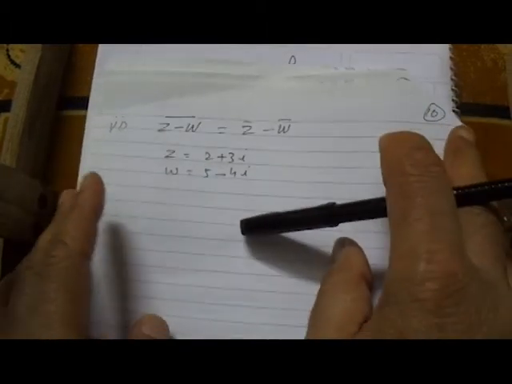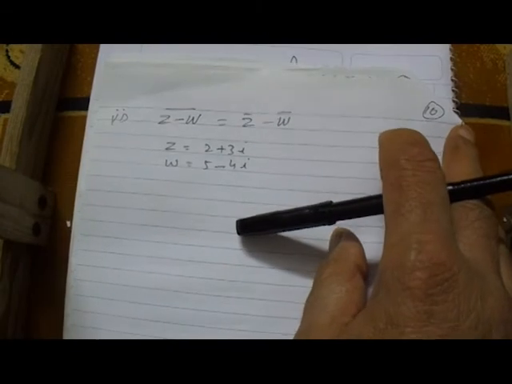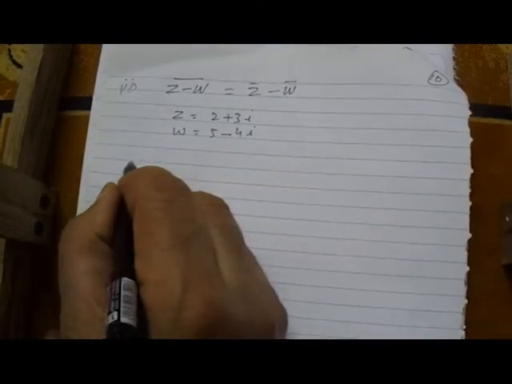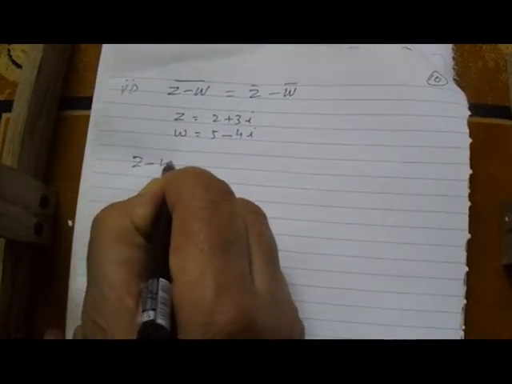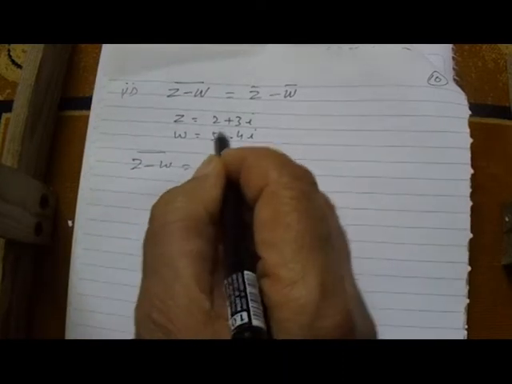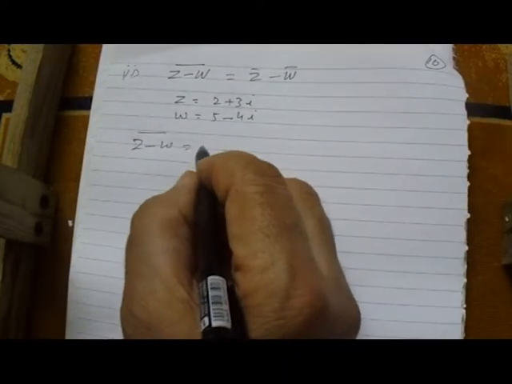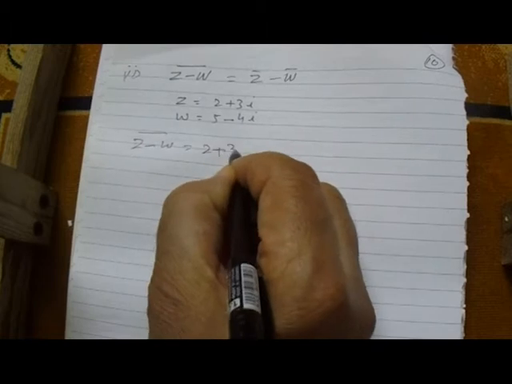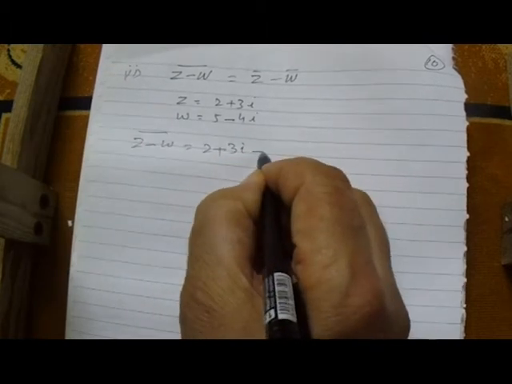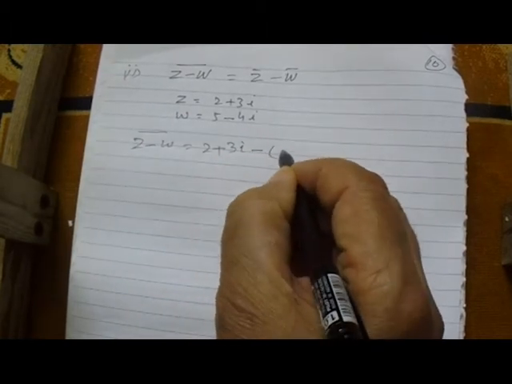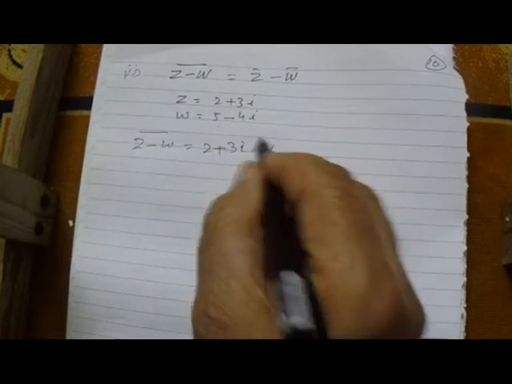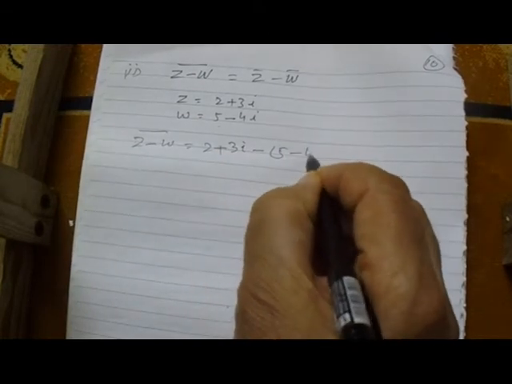z minus w, we write here the conjugate of z minus w. This we write first: z is 2 plus 3 iota and minus, we write here w, which is 5 minus 4 iota.